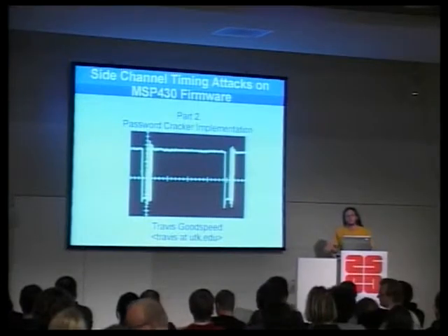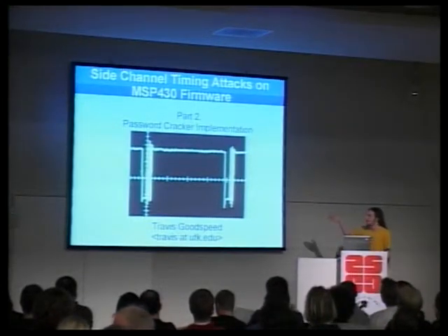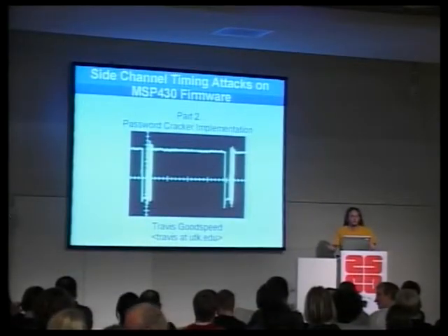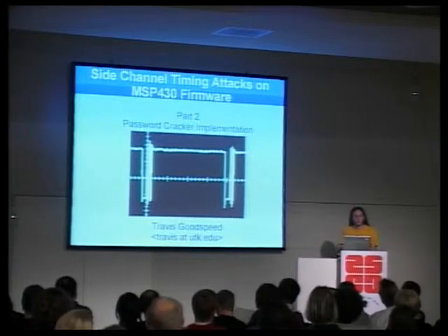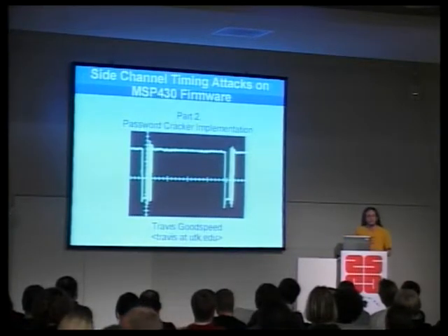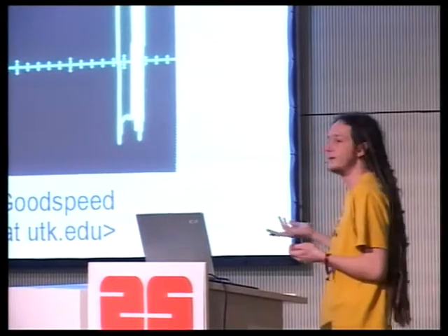So if you guess all zeros and it happens, say, 6 clock cycles faster than an impossible password would be, then you know that the byte 0 occurs 3 times within the password. So you can run through all of the bytes, figure out how many times they each occur, and then you have the alphabet of the password. You'll then have 32 or fewer potential letters to try, and then you just rotate them through until you get the entire thing.